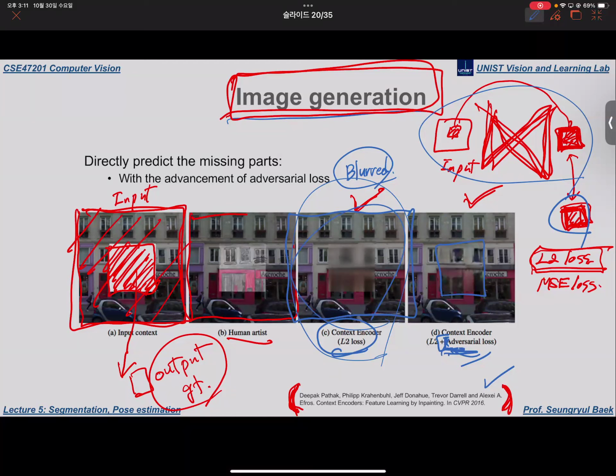If we do only that, then somehow the knowledge becomes blurred. That's why this blurred effect occurs. But when we additionally use the adversarial loss, the student now tries hard to deceive another network, right? Which discriminates your answer and the ground truth.